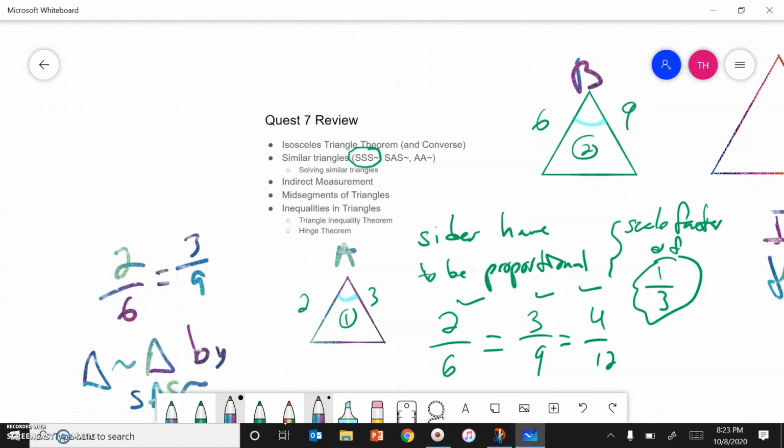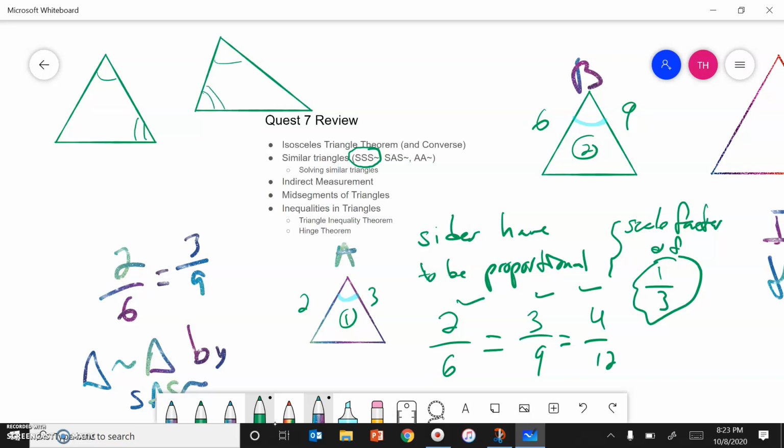And then angle-angle, I feel like was the easiest one for you guys to comprehend. For that one, I'd have to have two angles of one triangle congruent to two angles of another triangle, and that would give me angle similarity. Sometimes they didn't give you the measure of the angles, and they just said, this angle is 40, this one is 80, so then this one is 60, and that one is 40.